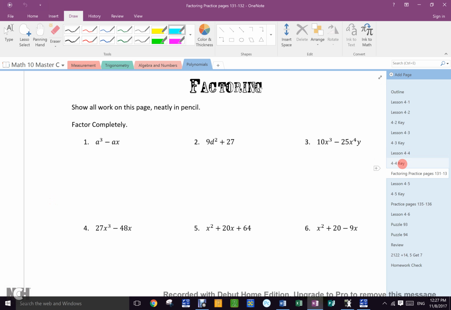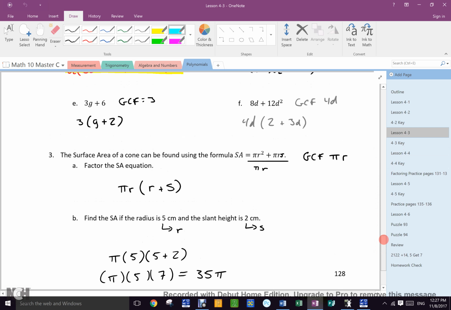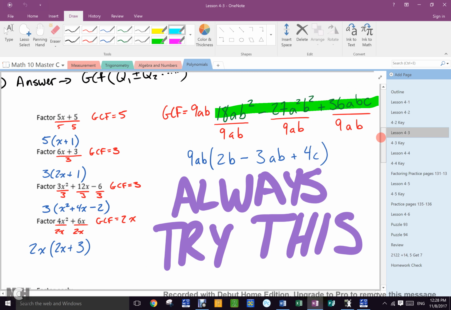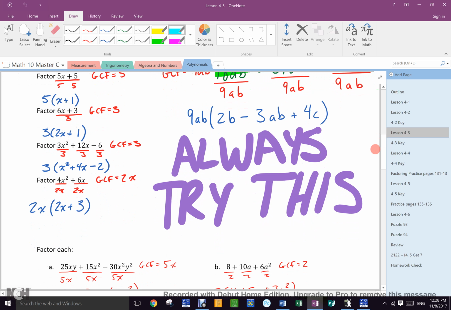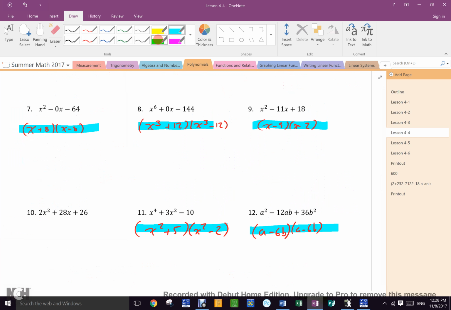What did I write in giant letters? Always try this, which was greatest common factor, yes? So when I look here, what do you notice about 2, 28, and 26?